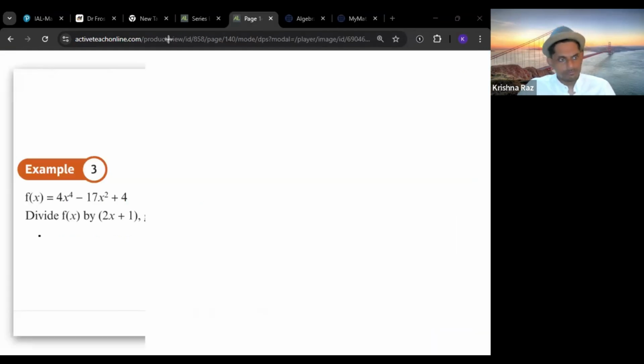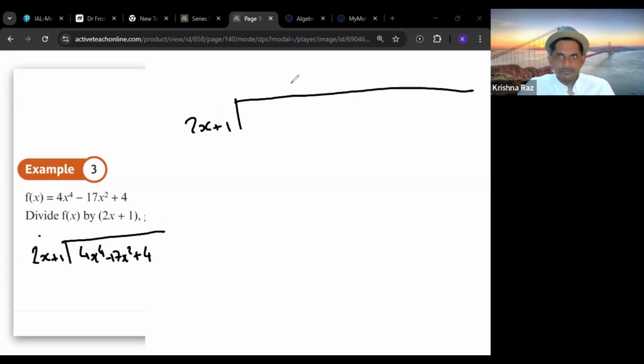Okay, let's try this one. I like this one because we can see we've got a few bits missing. So we have 2x plus 1 into 4x to the 4 minus 17x squared plus 4. But to do this, what we must do is write out the missing powers.